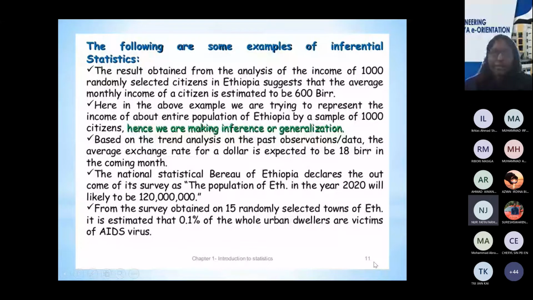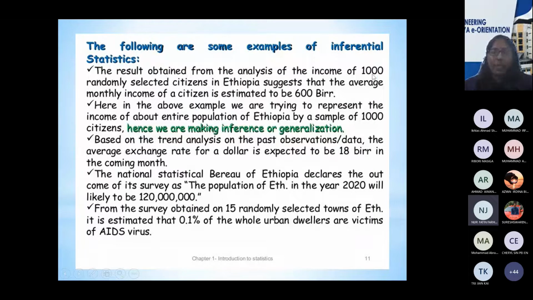So I made an analysis. The analysis of the income of 1,000 randomly selected citizens is suggesting the average monthly income of a citizen is 600. Meaning, in Ethiopia, I selected 1,000 people. I did an analysis and it is suggesting to me that each citizen's average is 600.